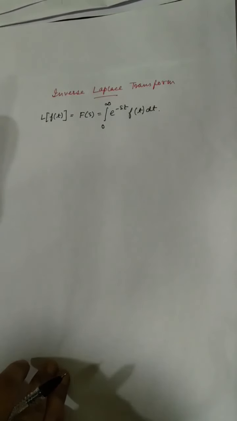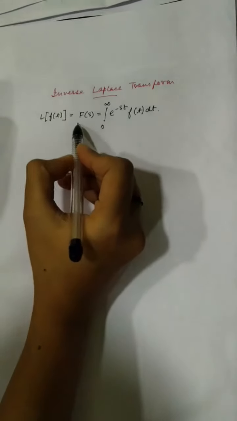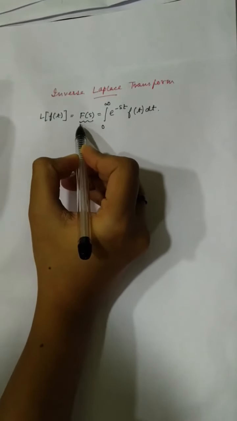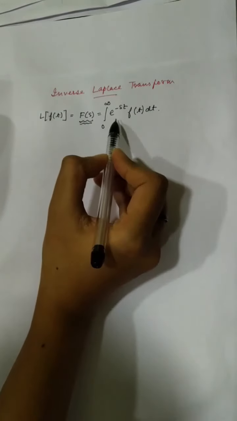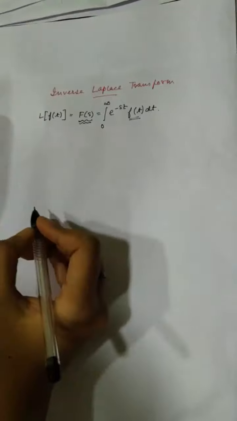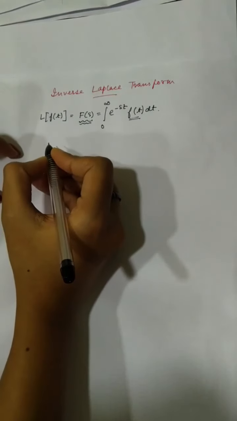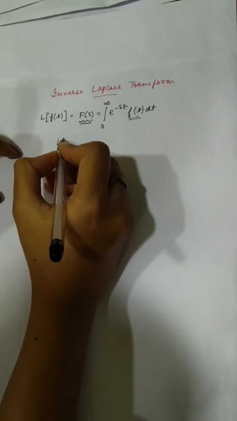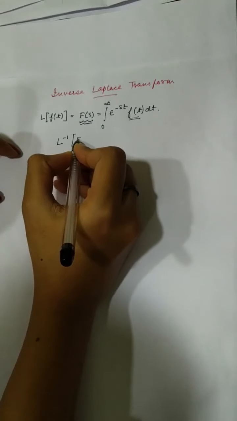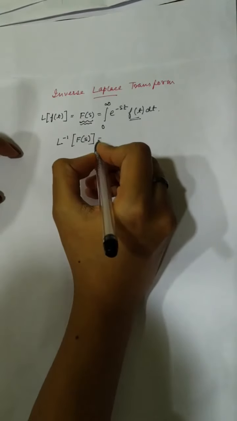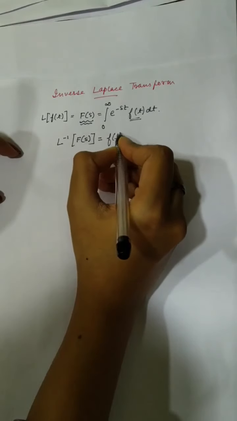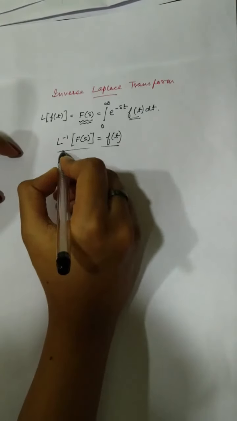So the function of the inverse Laplace transform is to work on the Laplace transformed function, undo the effect of the Laplace transform and give us the original function back. So the inverse transform will work on the Laplace transform of the function and give us the original function with which we had started.